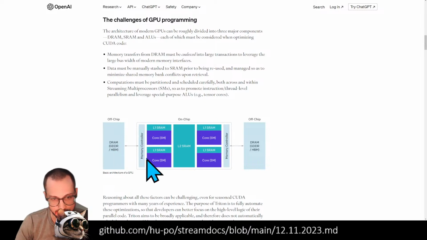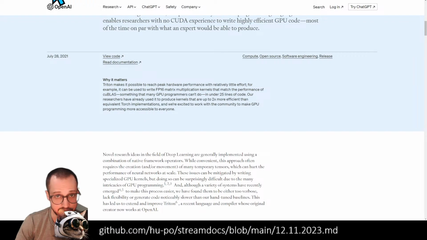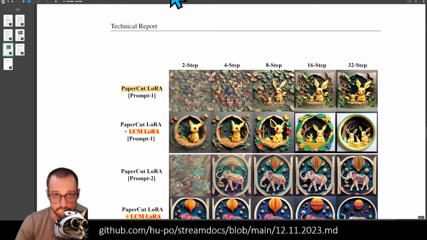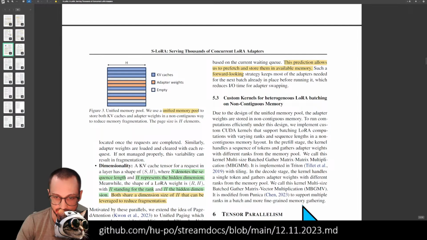And then on chip, so this is on your actual GPU, you have your L1, which is closer to your core. The core is the actual processor. L1 is going to be closer, and then L2 is going to be further away, off chip. TLDR, Triton is basically what the cool kids write CUDA kernels in nowadays, and it makes sense that they implemented this in Triton.